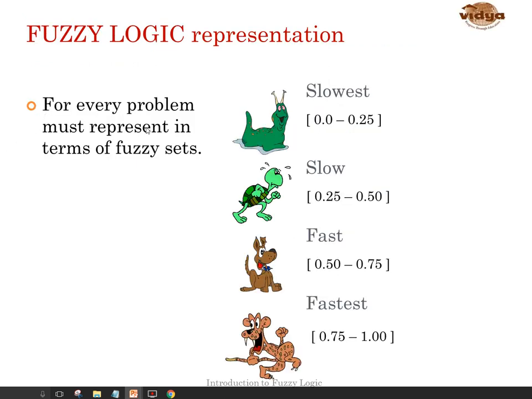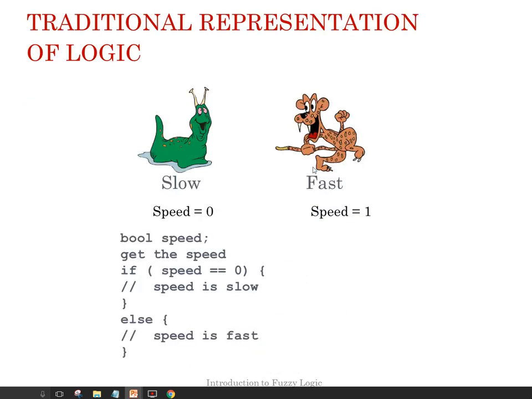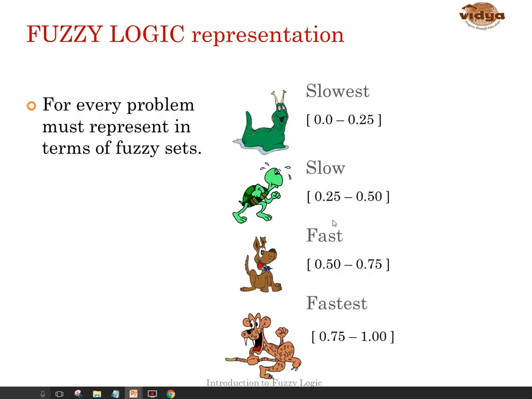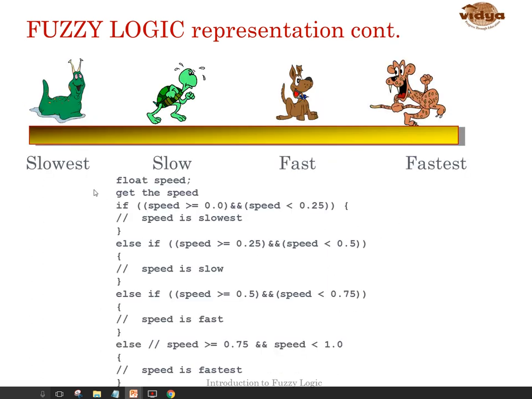For every problem we must represent a fuzzy set. A fuzzy set is represented in terms of a range of values, whereas the crisp one has a fixed value. So for slowest, slow, fast and fastest, we should put the range. That is how fuzzy is represented.